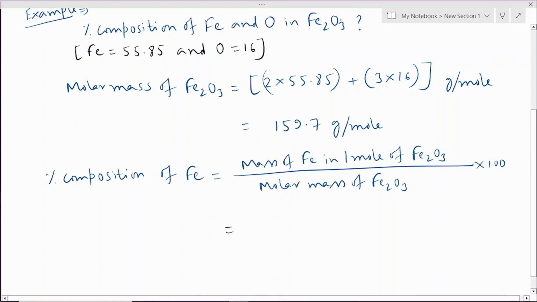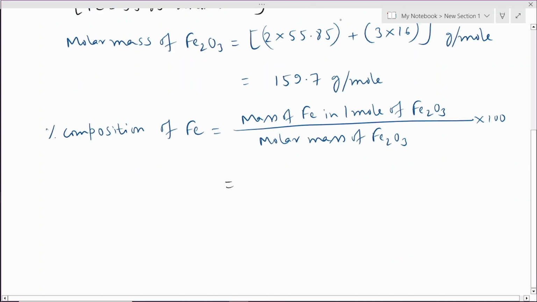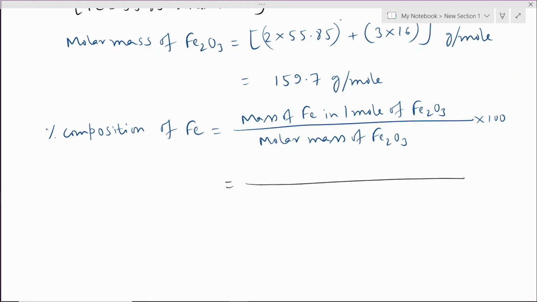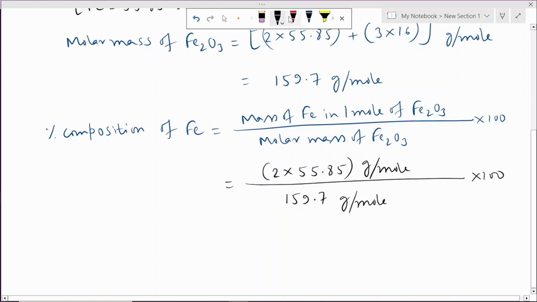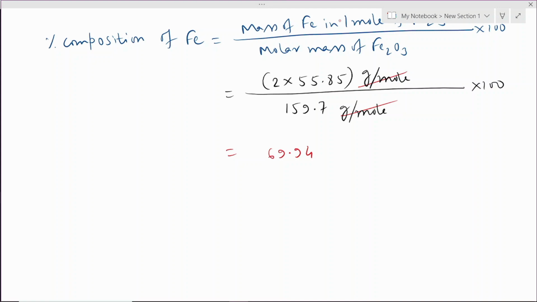The mass of iron in 1 mole of Fe2O3 is, there are 2 irons, so 2 into 55.85, and the molar mass of Fe2O3 is 159.7 gram per mole, into 100. The units cancel out, and we get 69.94%.